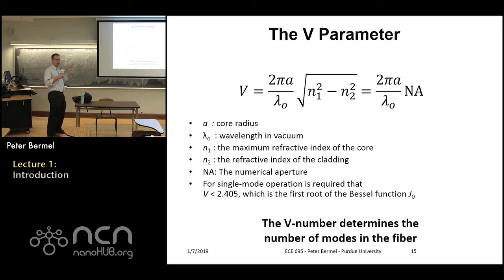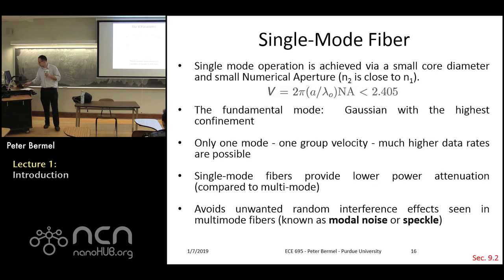Since it's cylindrical, there's a particular solution that depends on what's called the Bessel function. The Bessel function tells you that if this V parameter is less than 2.405, then you can only have a single mode. You can't have multiple solutions. However, if V is greater than 2.405, you can have 2 modes or more.